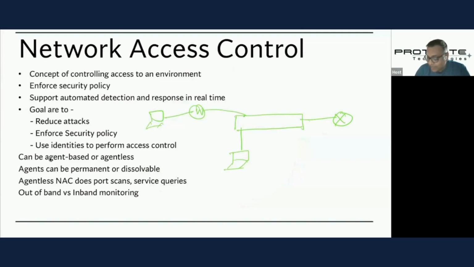So at each edge, you have network access control, and that is basically identification, authentication and authorization. Generally, at the network level, this is done using something called a NACL, Network Access Control List, which tells what you are allowed to do on the network.